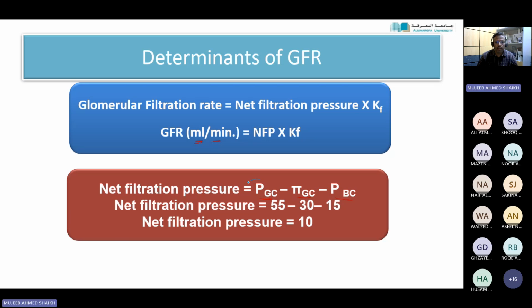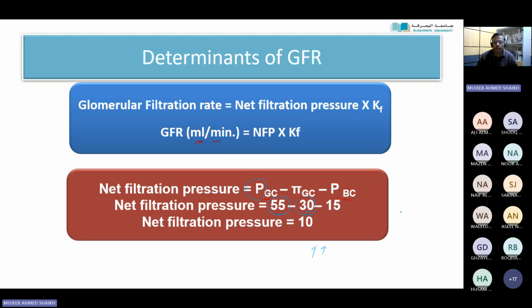Now, this hydrostatic pressure is around 55 in the capillaries. This is called hydrostatic pressure in the capillaries, which will allow the filtration to occur. But there are plasma proteins which are holding the water, not allowing the water to go out into the Bowman's capsule, which is pi GC, equal to 30 millimeter of mercury.